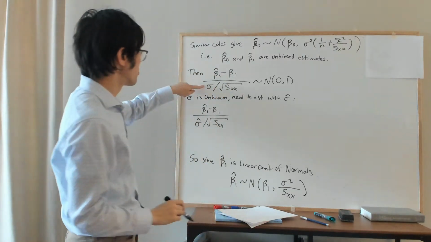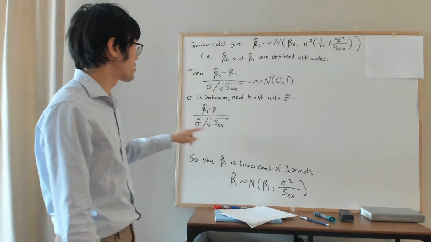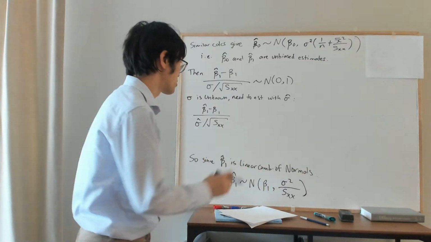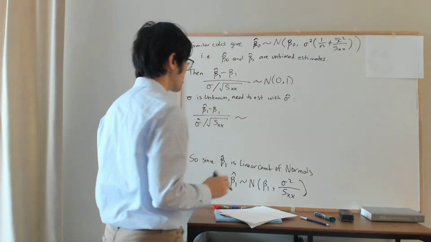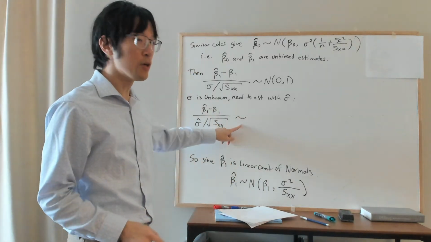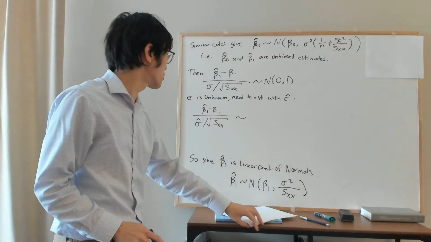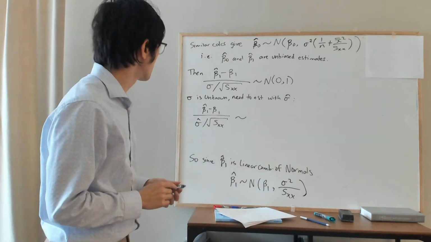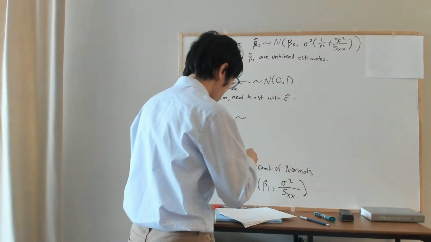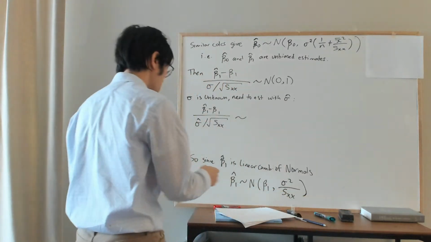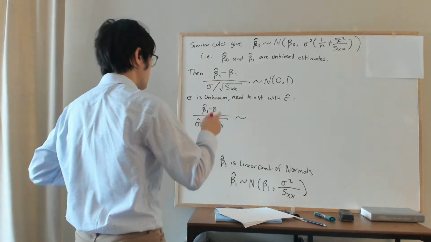Now, once I make this replacement, however, this is no longer a normal distribution. In fact, this is going to be a t distribution, so I'm going to just briefly explain that. But one thing I want to note here is, what do we call this thing on the bottom?